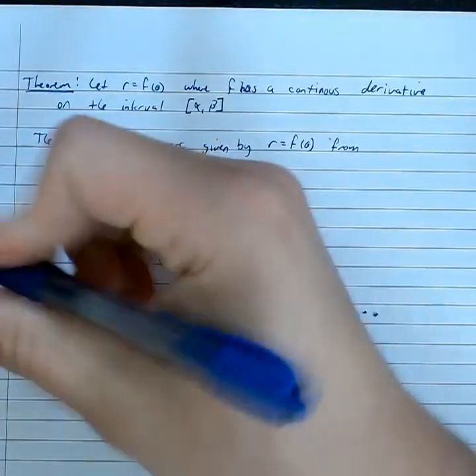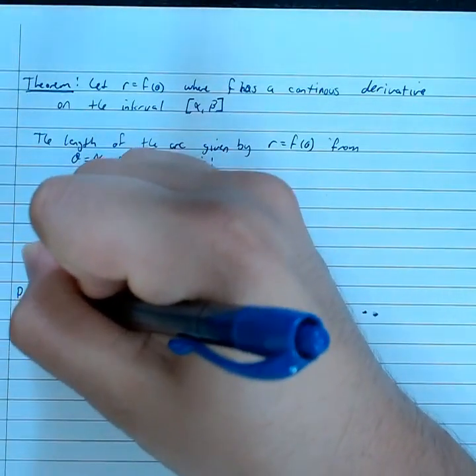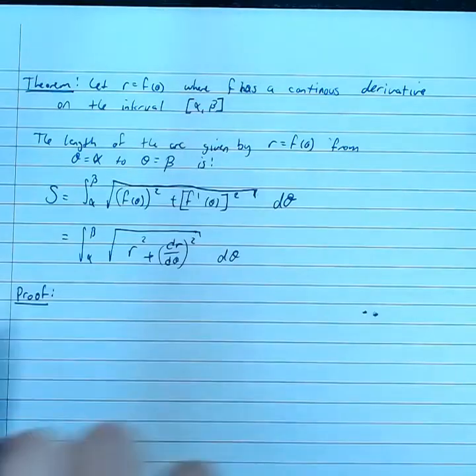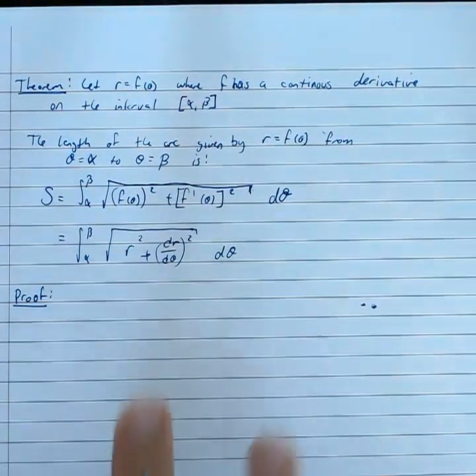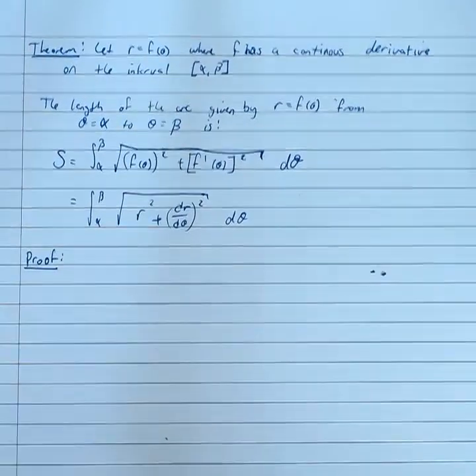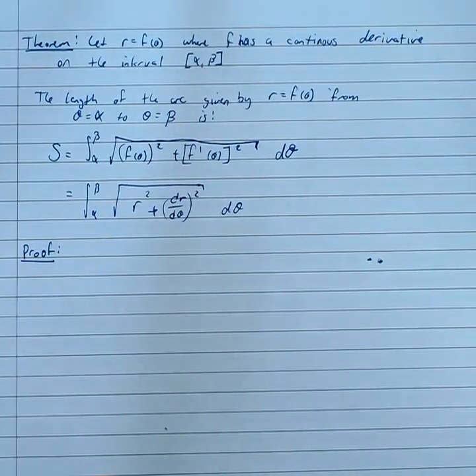However, I will start you off. For those of you who are interested in further mathematics, Cal 3, differential equations, linear algebra, and so forth, you might try this out just as a test of your abilities to try to reason your way through a theorem.